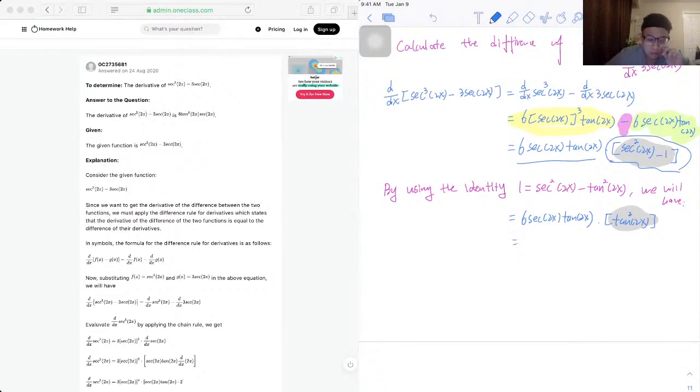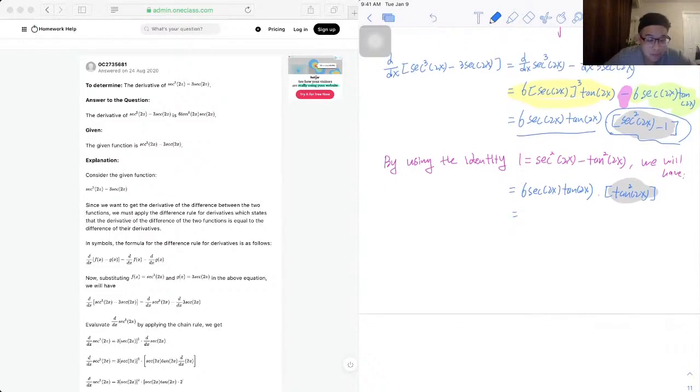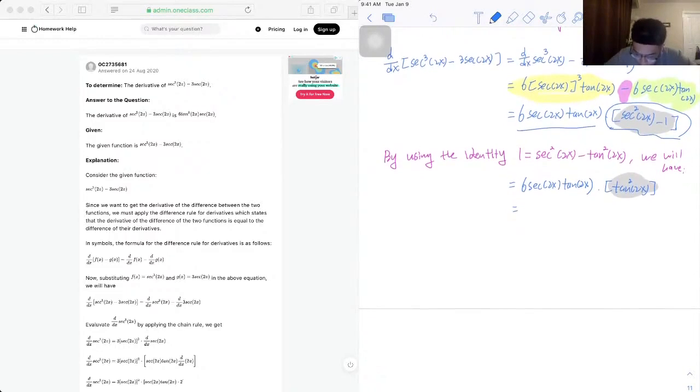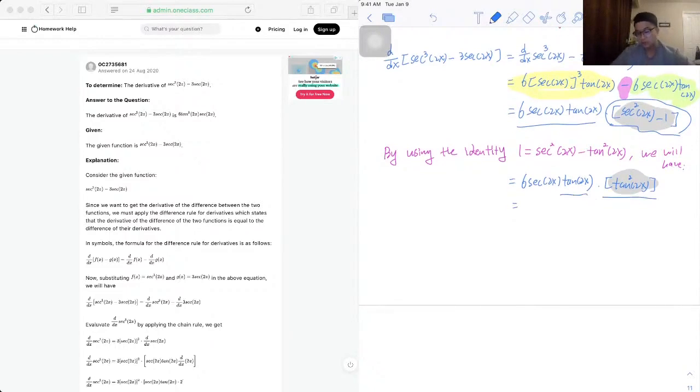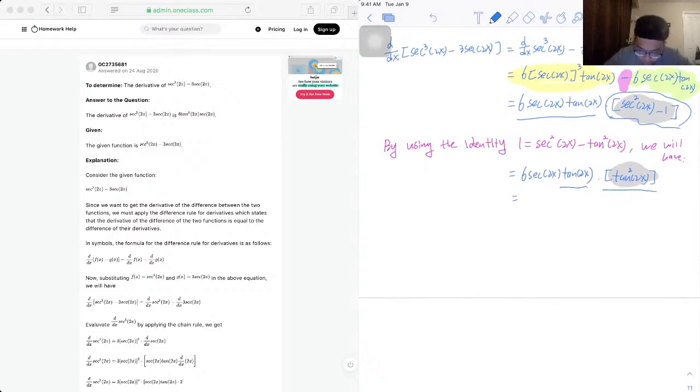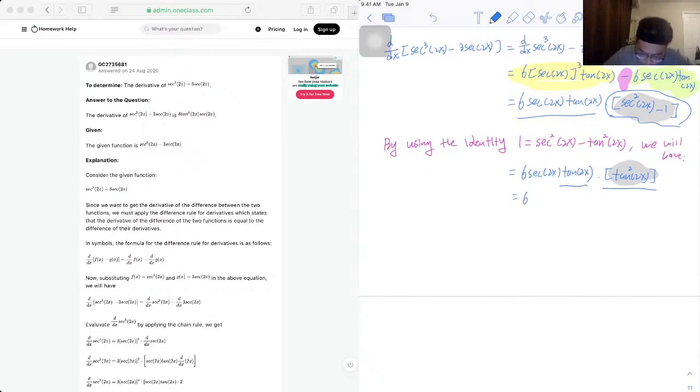So now let's keep doing the calculation. Since we got a tangent 2x to the exponent of 2, and here's a tangent 2x to the exponent of 1, we can combine them together. Thus we have 6 secant 2x times tangent 2x to the exponent of 3.